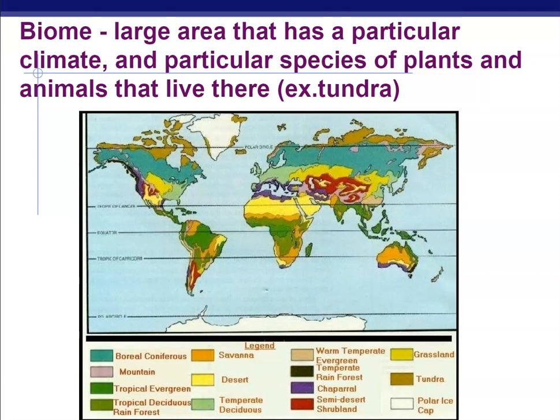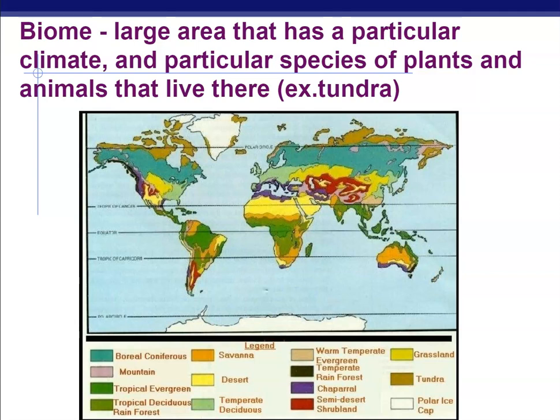So the tundra is an example. Desert, deciduous forest, grasslands. So those are kind of big overarching descriptions of the types of ecosystems. And having that generalized term allows us to make predictions about the organisms that live in an area.